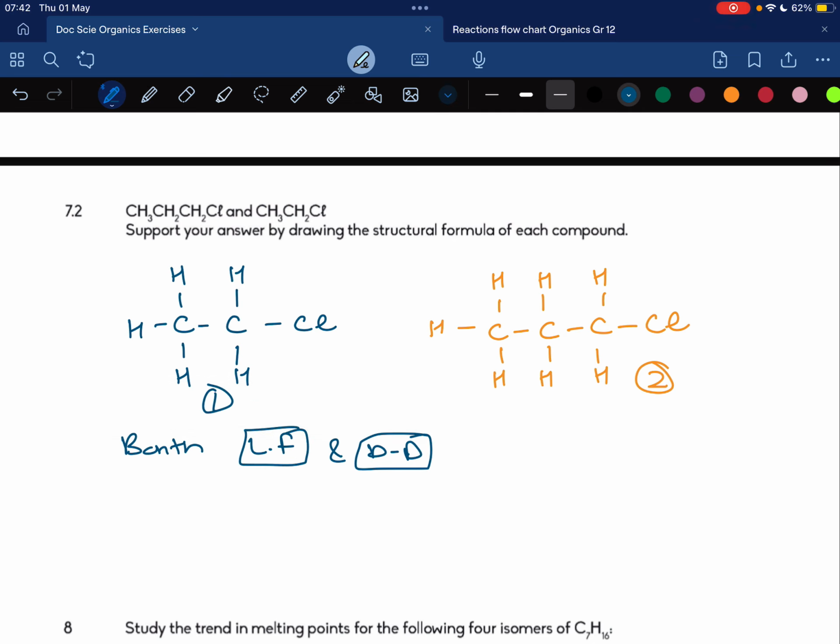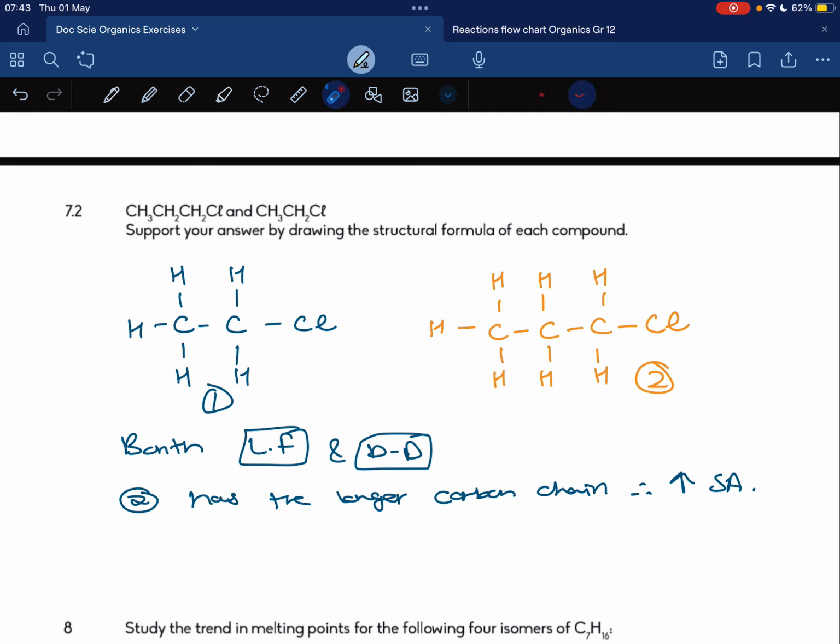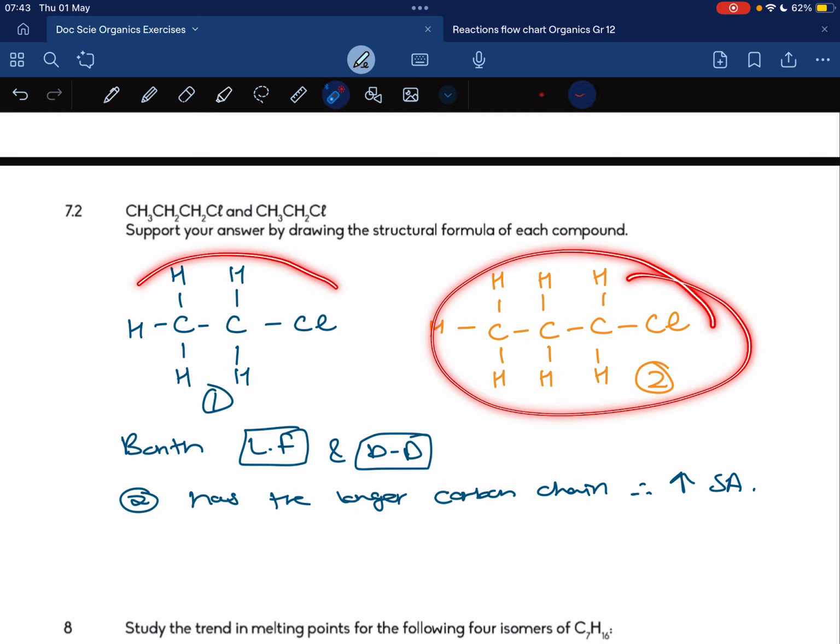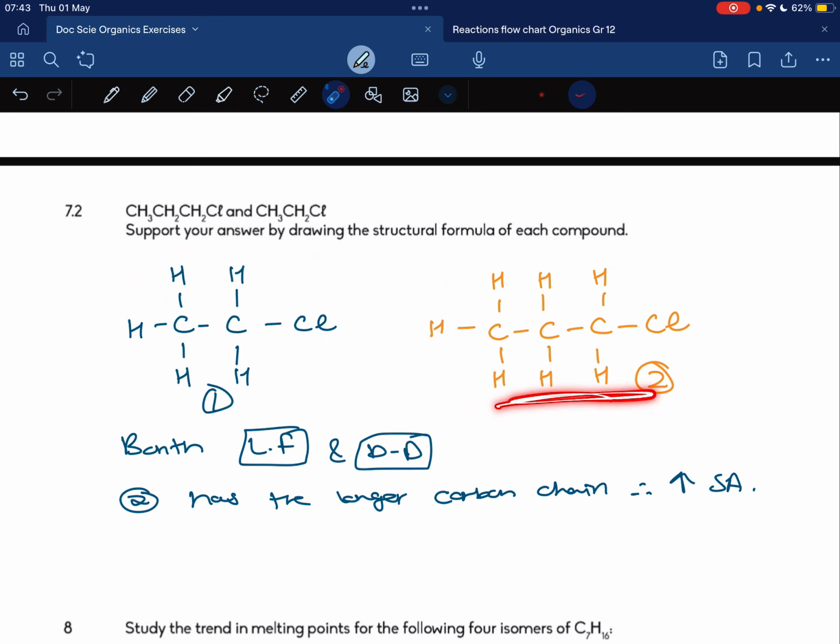But although their intermolecular forces are the same, 2 has the longer carbon chain, which means that it has the greater surface area. So that would tell us that there's more energy needed to overcome the strong London forces in this one than in that one. The London forces in this one are stronger than that one because of the carbon chain.